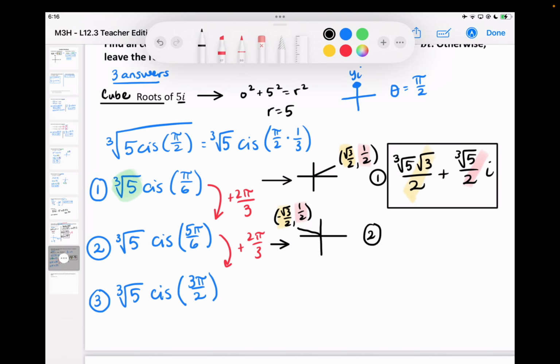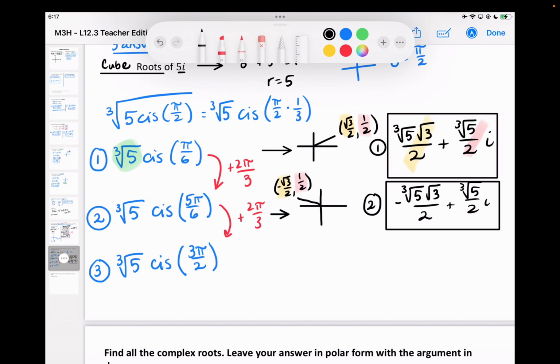So answer number 2, we'll just have a negative for the x value, or for the first value, which is the x value. But otherwise, every other part is the exact same. So kind of convenient. Let's make that a little better.